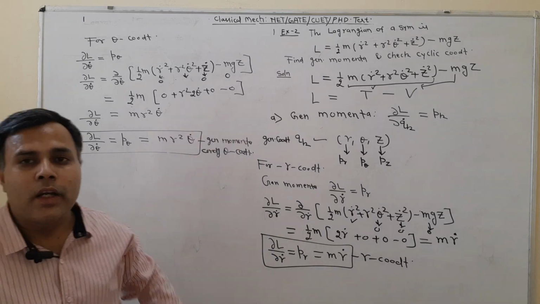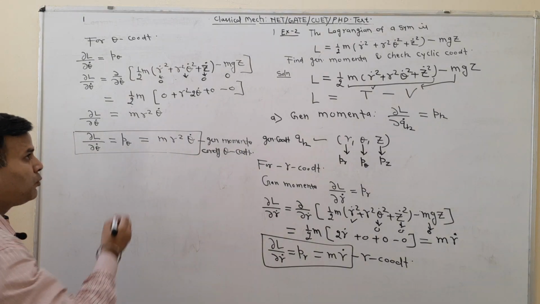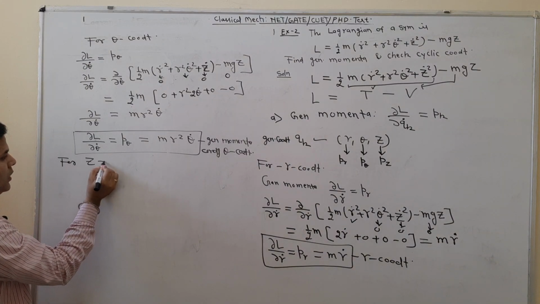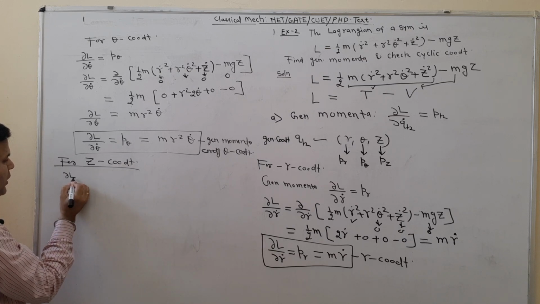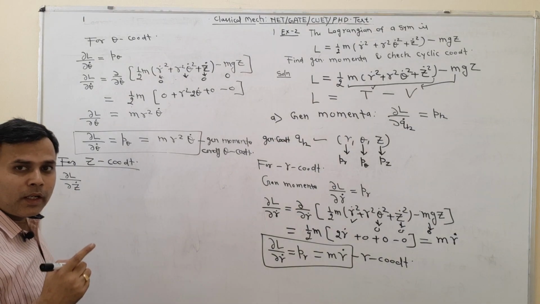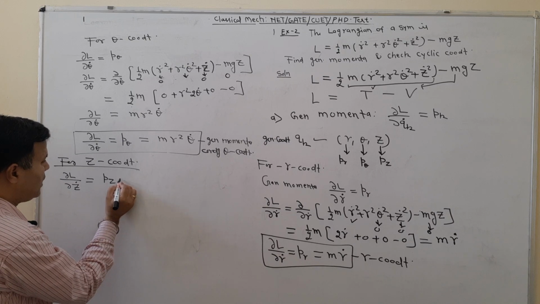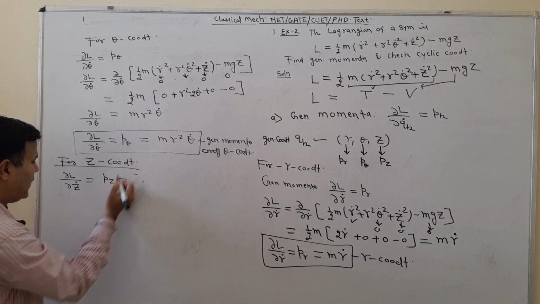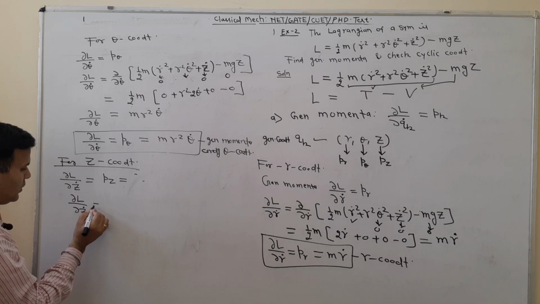Next we have the z coordinate. Corresponding to this z coordinate, we have the generalized momenta for the z coordinate system. What is the generalized momenta? Del L upon del z dot, because del L upon del q_k dot, is p_z.